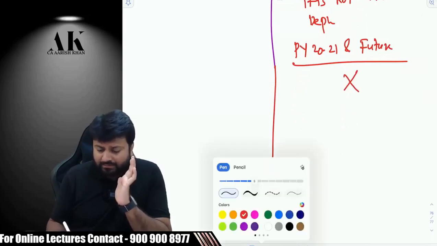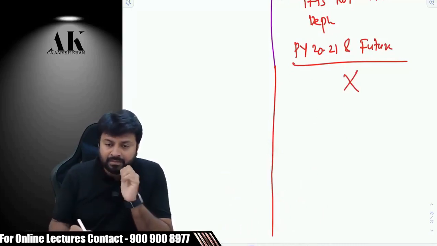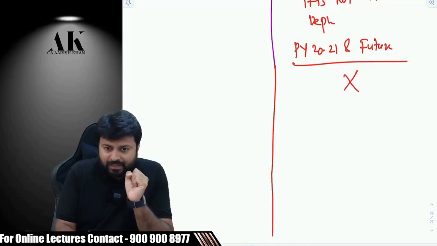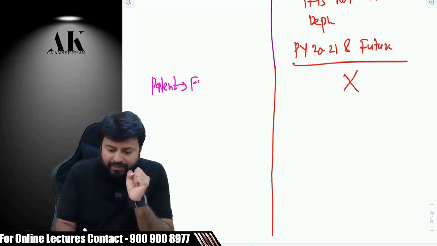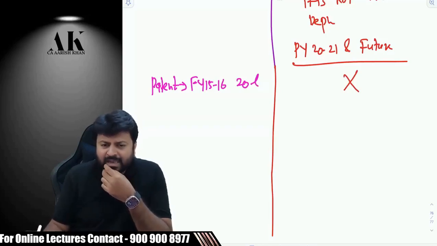But they have not stopped themselves here. For example, if there is a person who has bought some patent in financial year 15-16 of 20 lakh rupees, is patent depreciable as an intangible asset? Yes, sir.